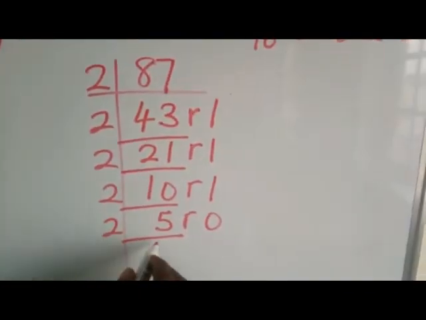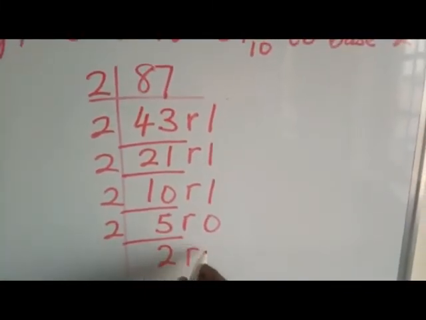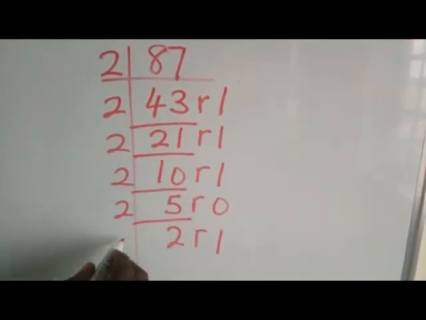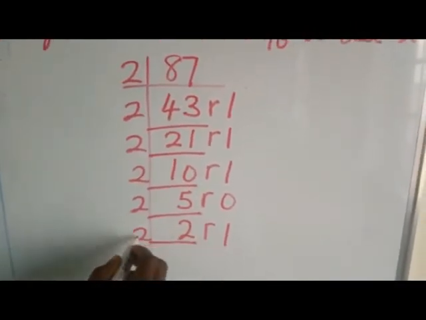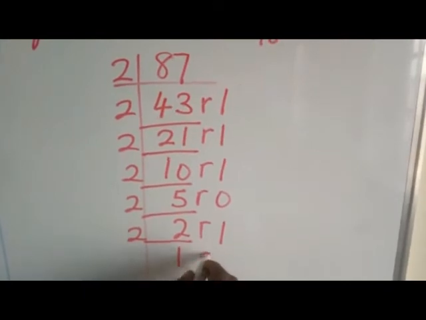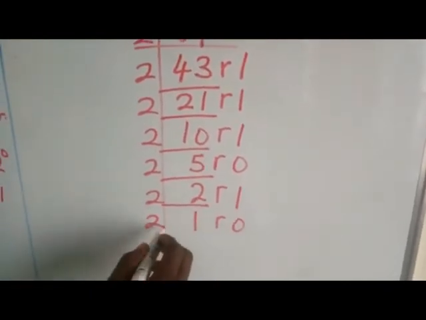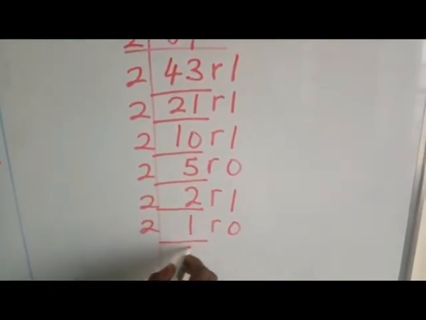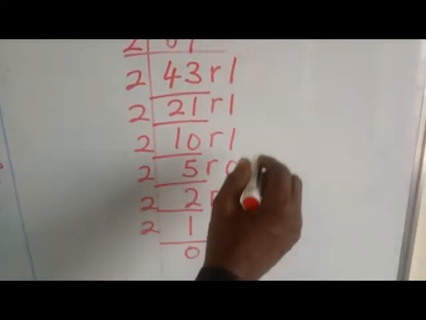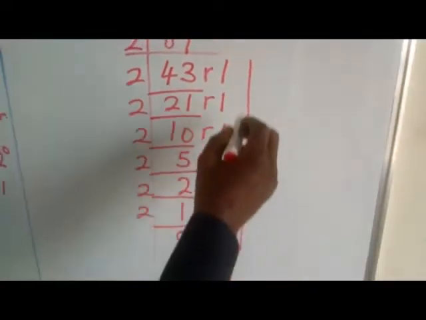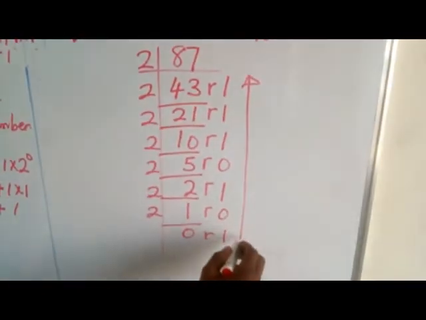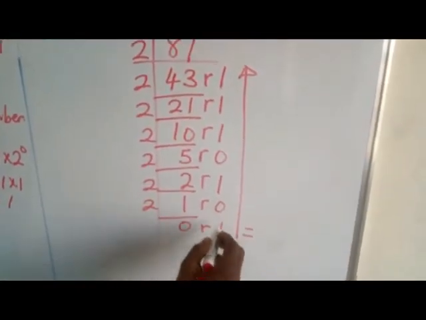5 divided by 2 is going to give us 2, remainder 1. Then you take 2. 2 divided by 2 is 1, remainder 0. And the last one, 1 divided by 2 is 0, remainder 1. You write the arrow facing upward, then you count your binary from down to up.